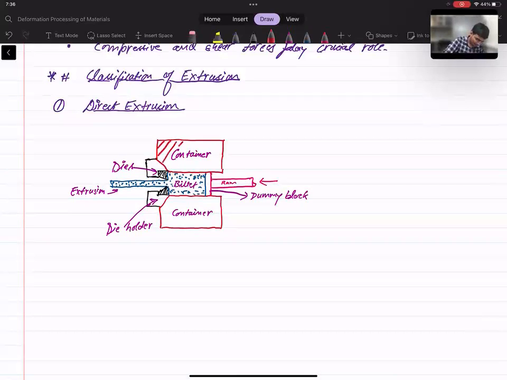So this was the container. So this is the direct extrusion process where direction of this ram travel and extrusion are same. This figure is for direct extrusion.